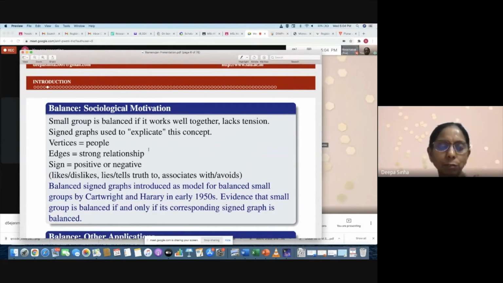A signed graph is used to explicate this concept, where the vertices can be taken as people and the edges between the people as a strong relationship, either on the positive side or on the negative side. We can take likes and dislikes, tells lies or tells truth, or associates with or avoids. For one you can put plus and for the other minus; tells lies you can put plus, tells truth you can put minus, and so forth.